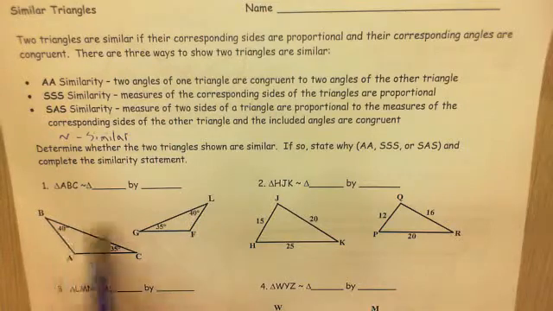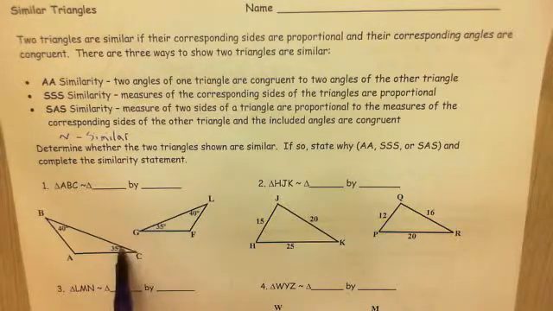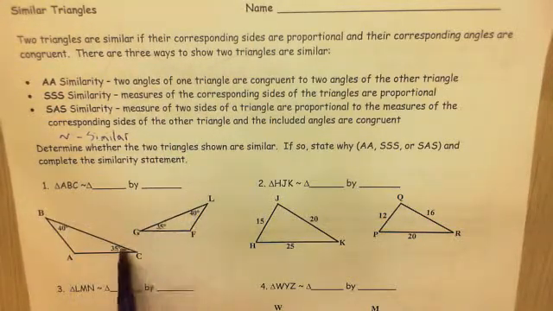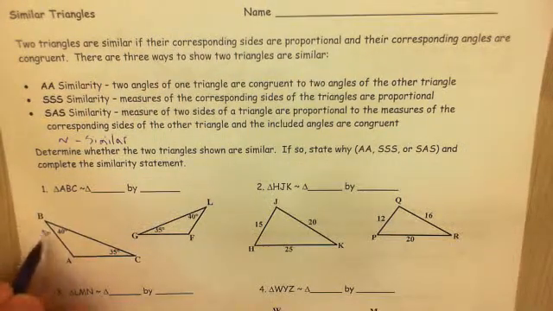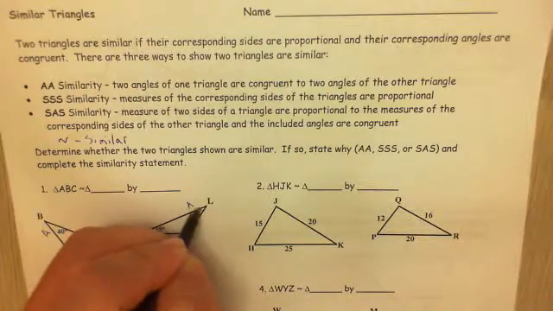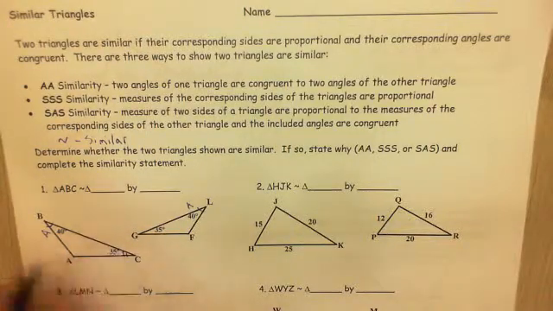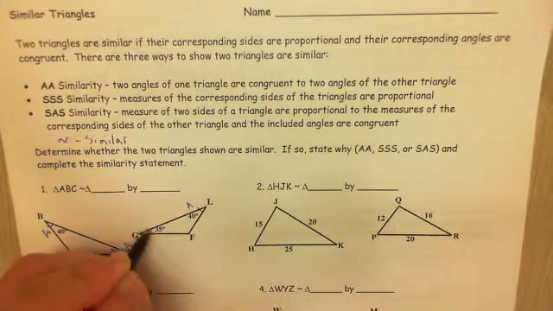So 40 degrees, 40 degrees. Now come down here, you've got a 35-degree angle. And over here, you also have a 35-degree angle. So notice we have one angle the same, we have two angles the same. So this angle matches this one, and this angle here, so we'll call this angle 1, this will be angle number 2, matches this one here.